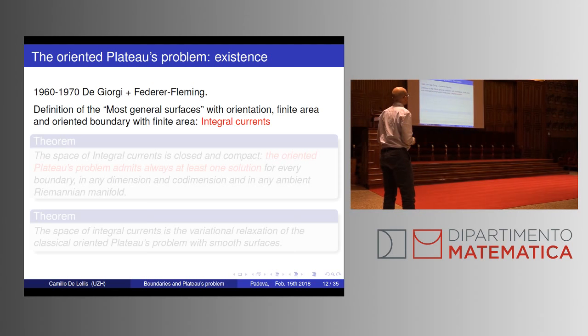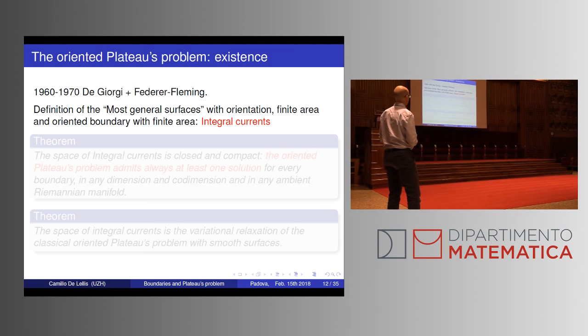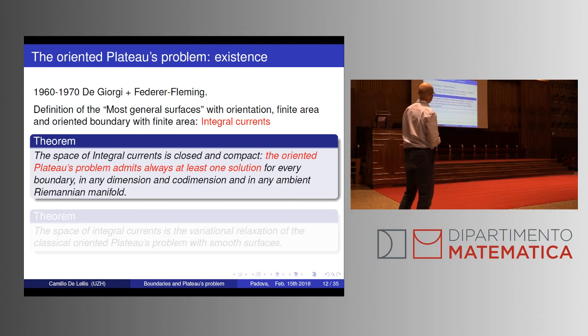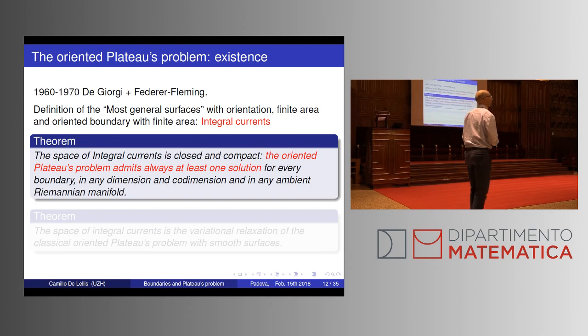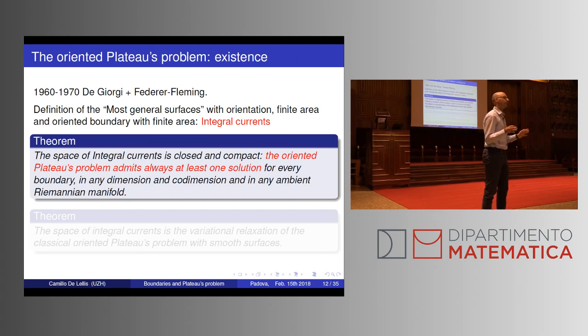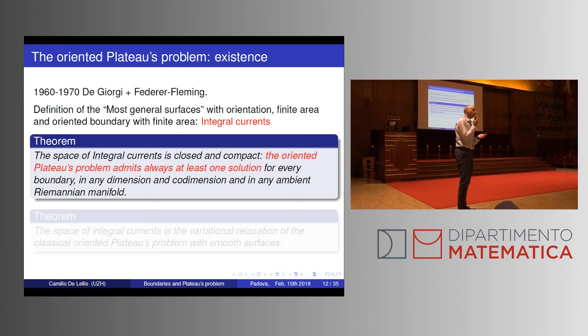Now, on these general objects, they actually proved two theorems. The first theorem is an existence theorem. The theorem says the space of integral currents is closed and compact. So these are certain mathematical properties which ensure you one thing.